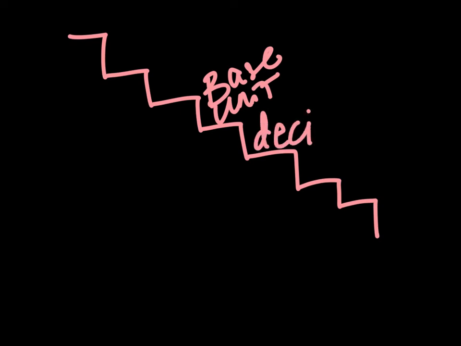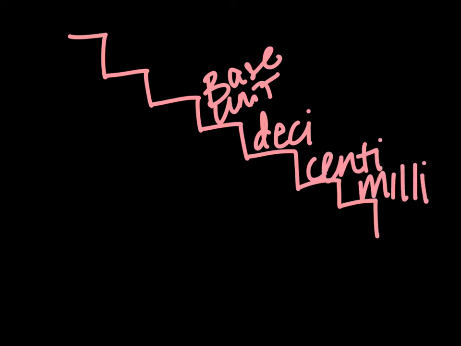So for that stair step, each time we do a level, we multiply by basically 10. Okay, so remember this was our base unit. We had deci, centi, and milli going this direction.